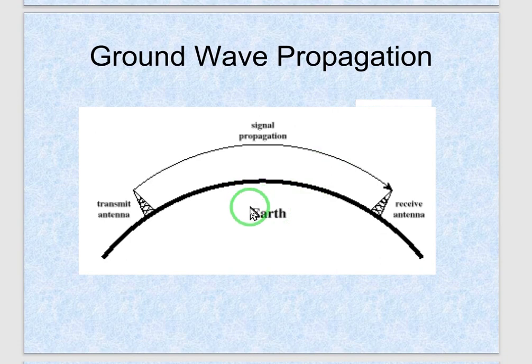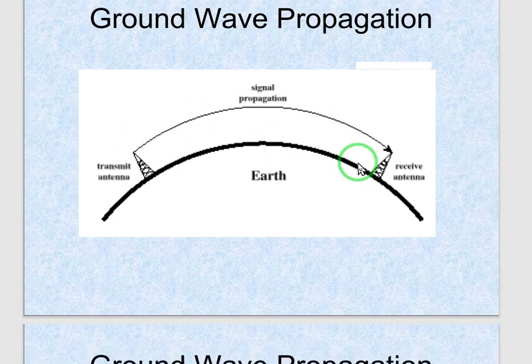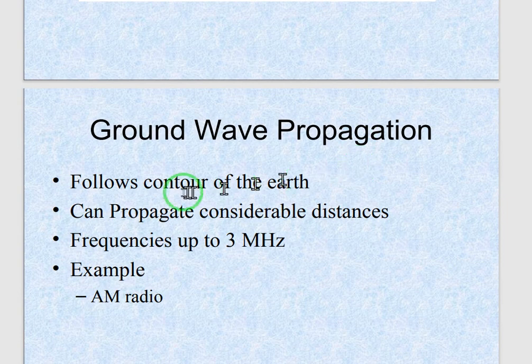Now that is the illustration of ground wave propagation, in which the wave basically follows the curvature or the shape of the surface of the earth. From transmitter to receiver, the signal propagates.